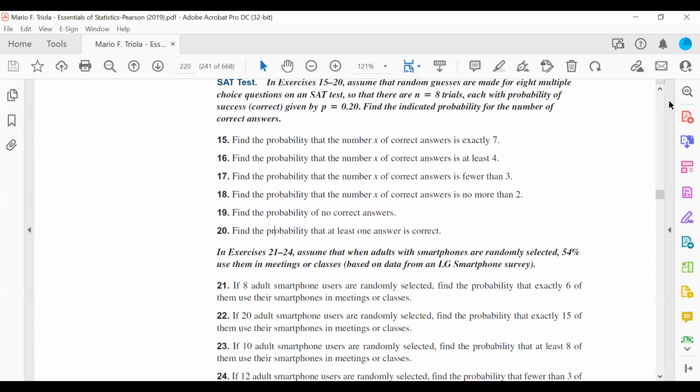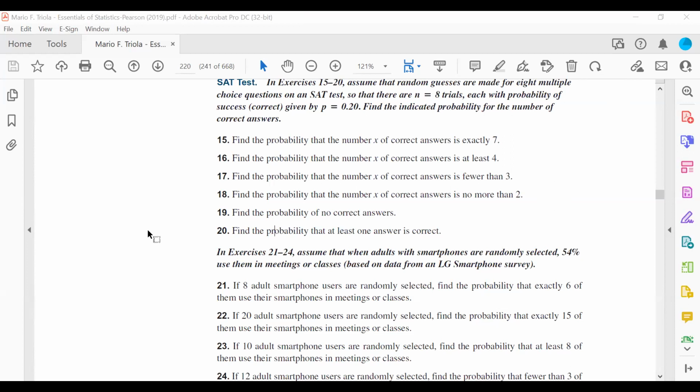What does that mean? No correct answers means exactly 0. So I have to do exactly 0.